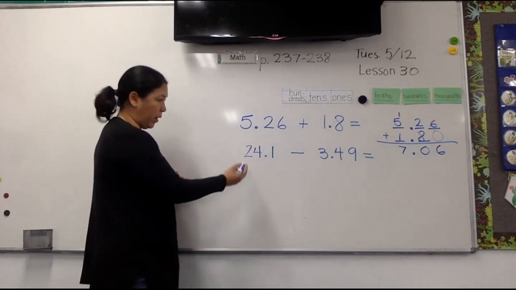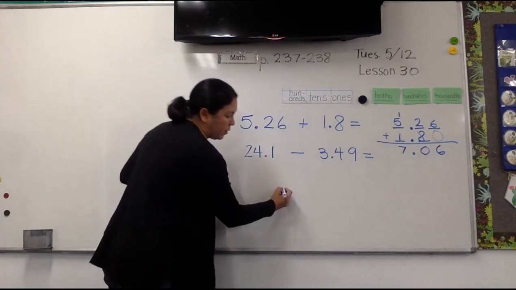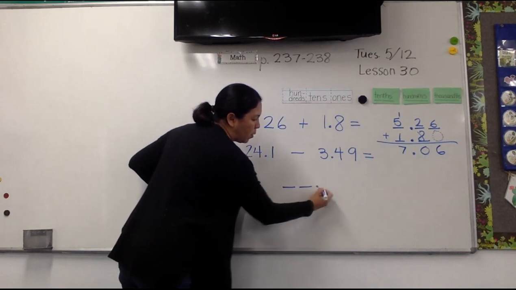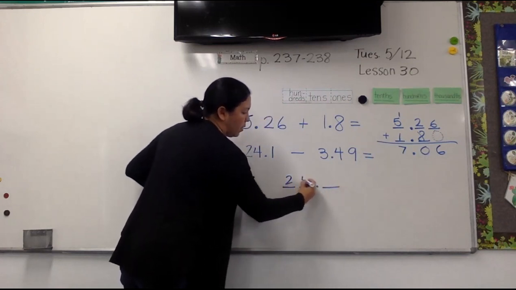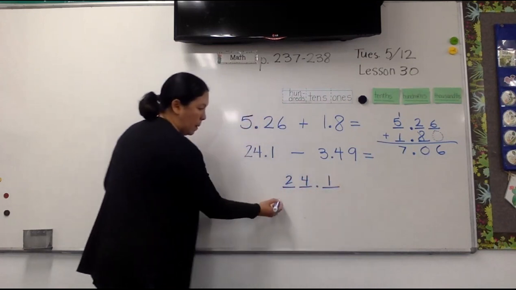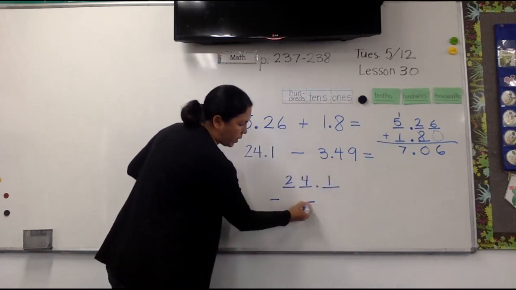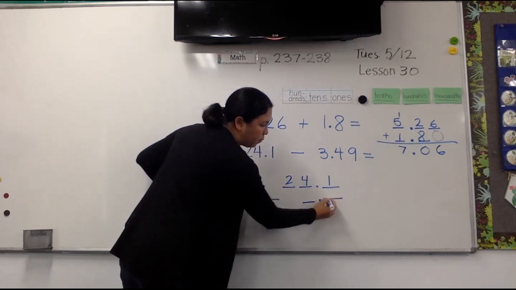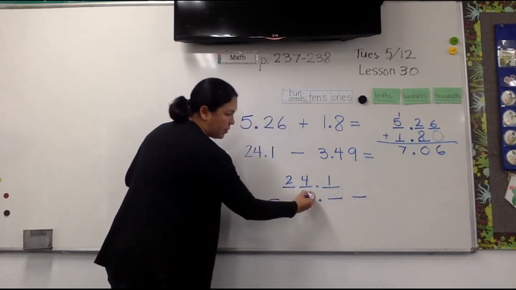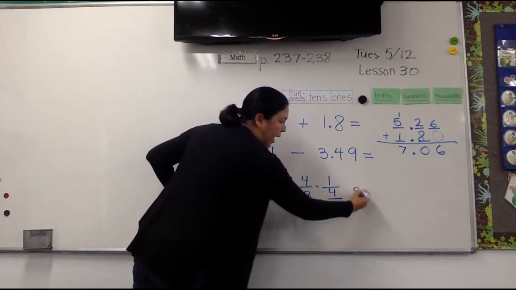It's even more important. So 24.1 minus 3.49. So do you see how I didn't just line up?